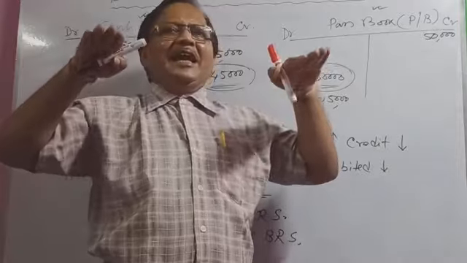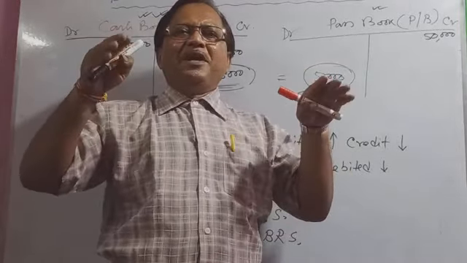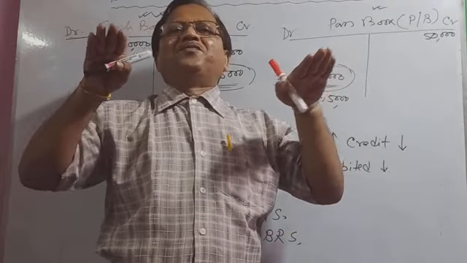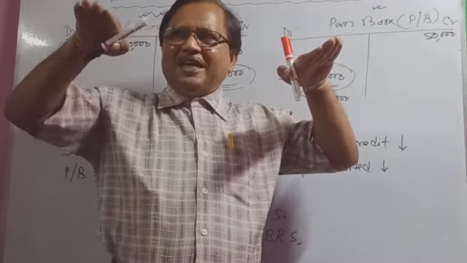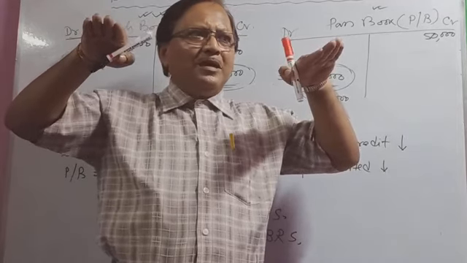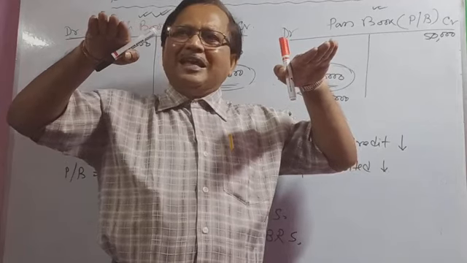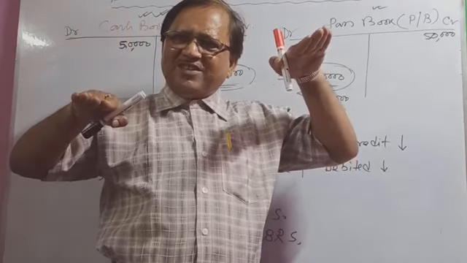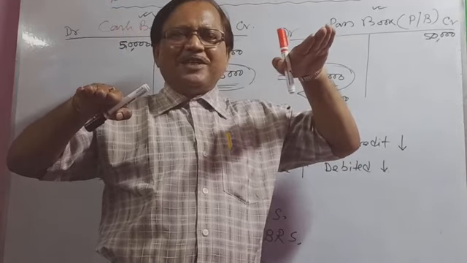Say another example. As per standing instruction, bank payment of insurance premium, rupees 5,000. First starting 20,000. The bank payment is in the passbook. Bank balance decreased by 5,000. But in this, who is the gainer? The cash book is the gainer.